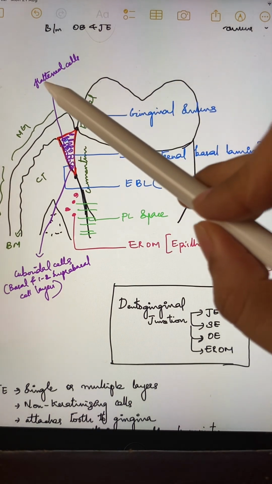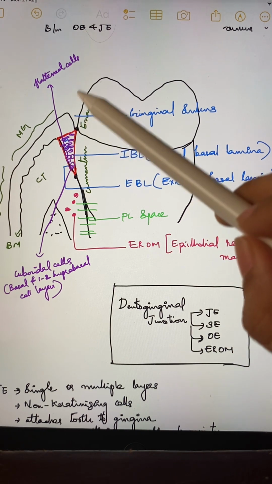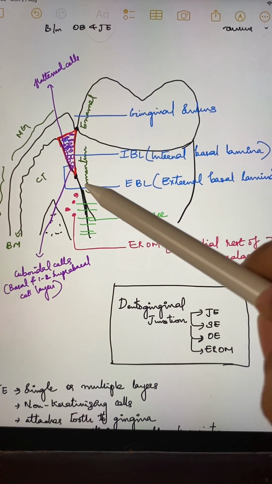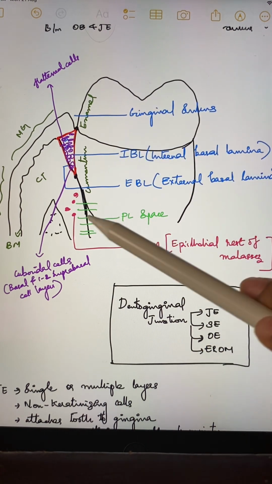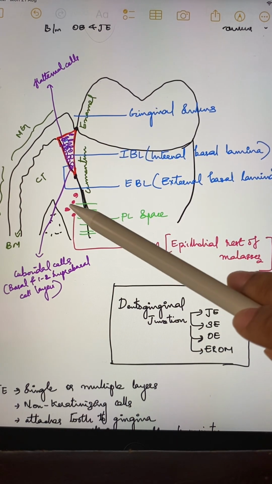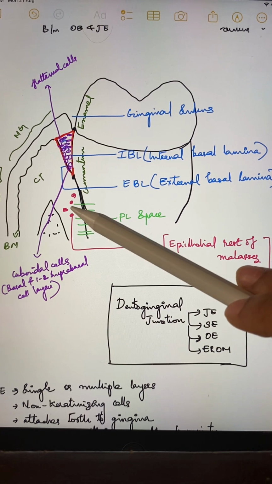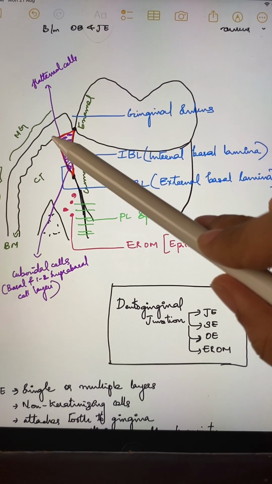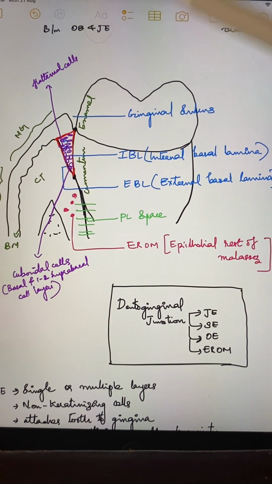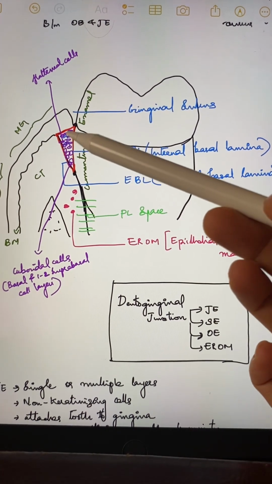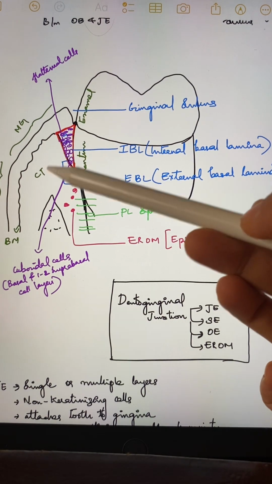This part is the gingival sulcus, and here you see enamel, cementum, connective tissue, pedial space, and epithelial rest of Malassez. Then this triangular part is the junctional epithelium, and it is attached on two sides.